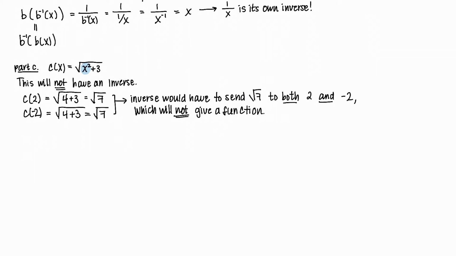So if you try to go through this with our step-by-step guide that we were going through before, you might get something that you think is a function, and you probably will.